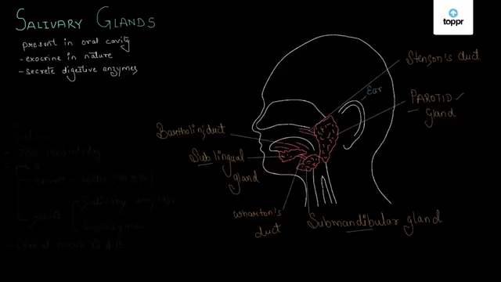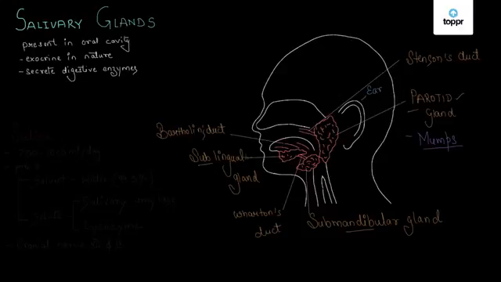It is important to note here that infection of the parotid gland causes a disease which is called mumps. So the parotid gland is present anterior to the ear, the submandibular gland is present at the floor of the oral cavity, and the sublingual gland is present below the tongue. So this was about the salivary glands in our body.